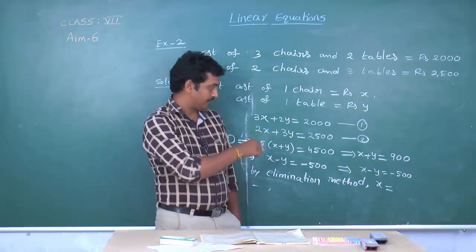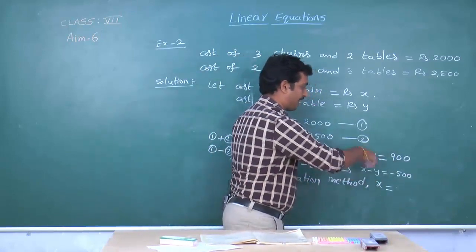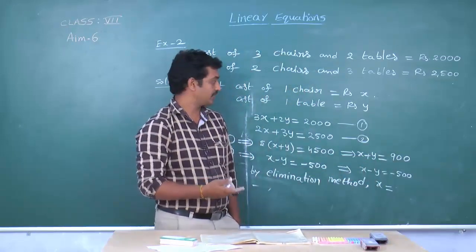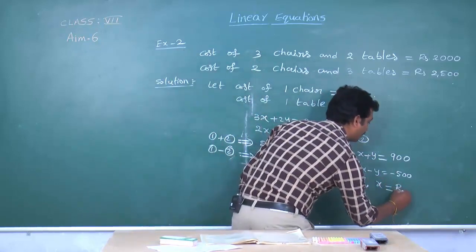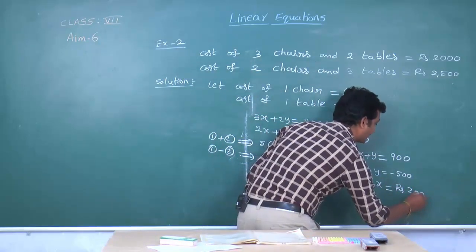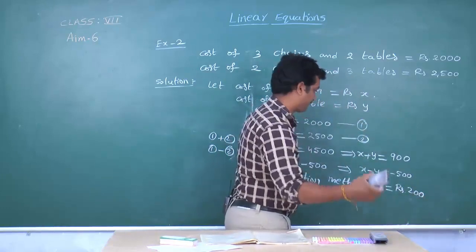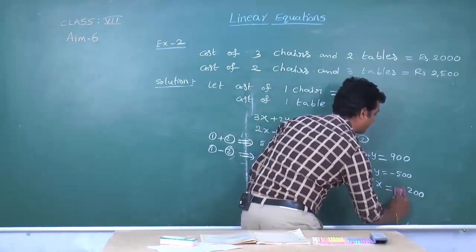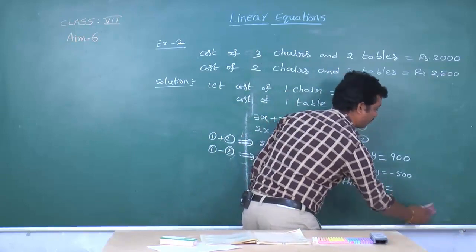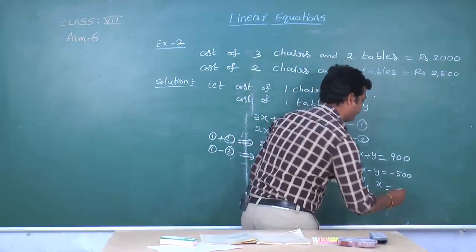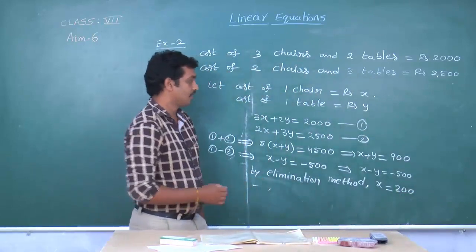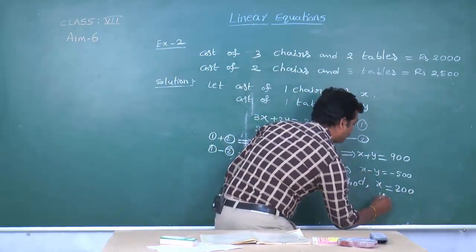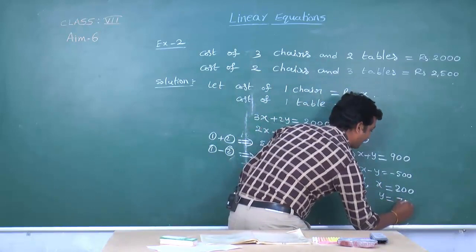Add those two equations, let it be 3 and let it be 4, add these two, then y cancels. 2x is equal to 400, x is equal to 200, that is rupees 200. And y is equal to 700.